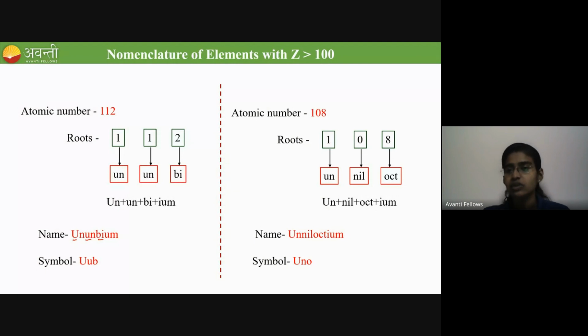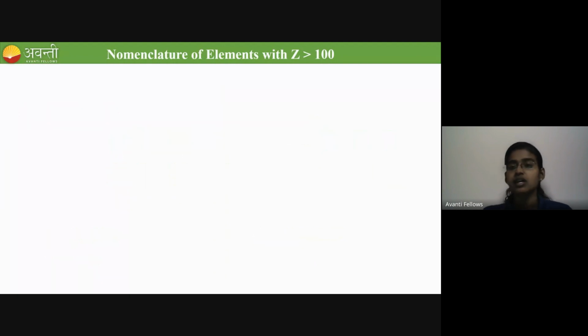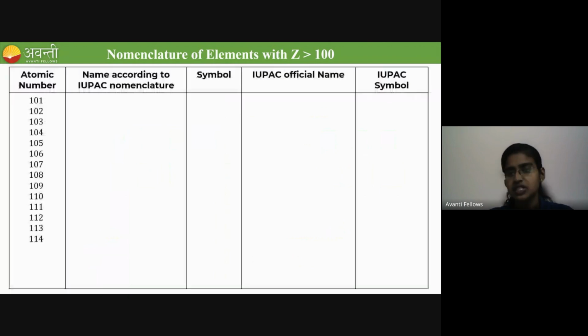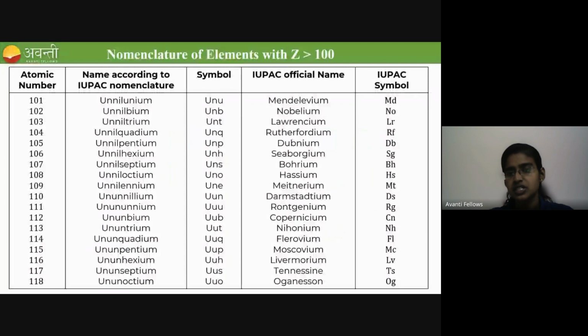Using this set of rules, scientists have discovered and named all the 18 elements above atomic number 100.